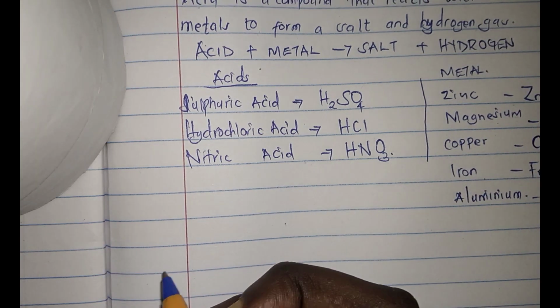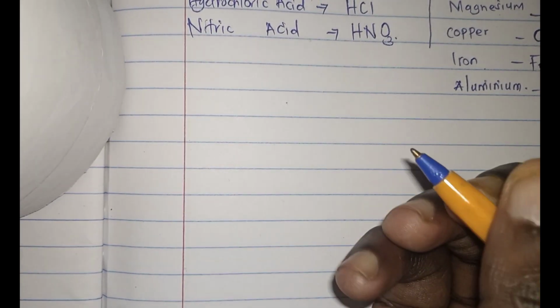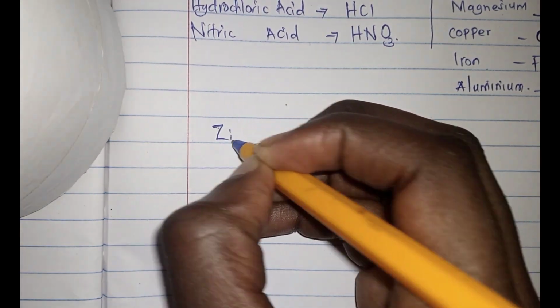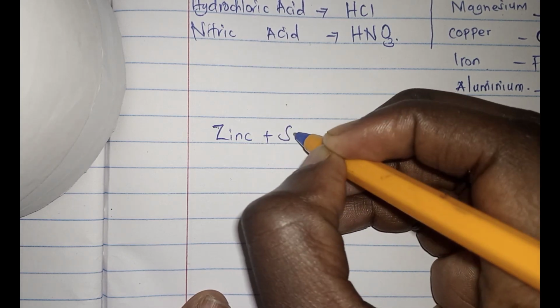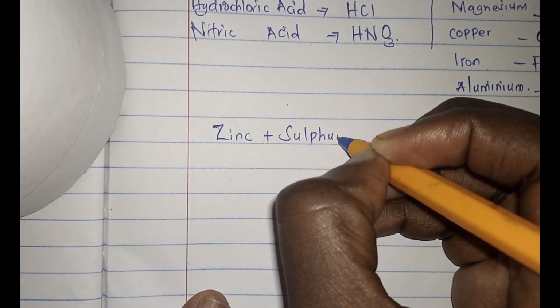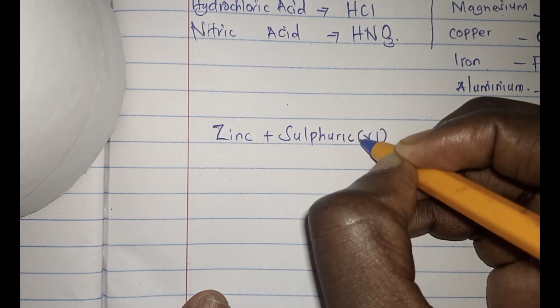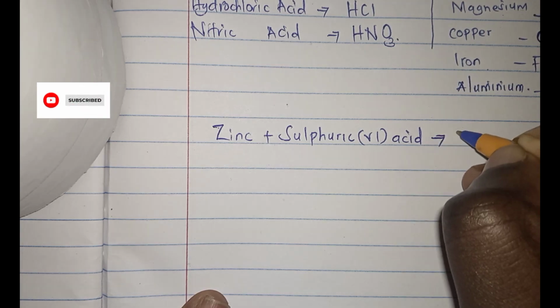Let me write an equation down below so that we can understand. When I'm reacting zinc plus sulfuric acid, I am getting a salt.